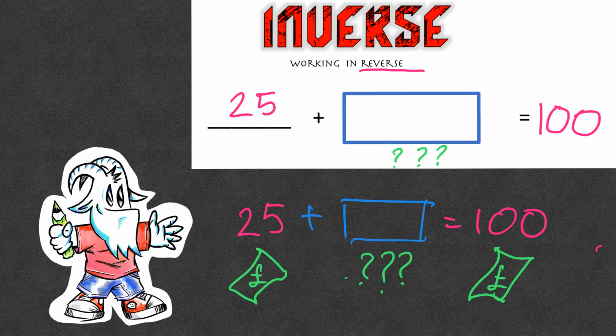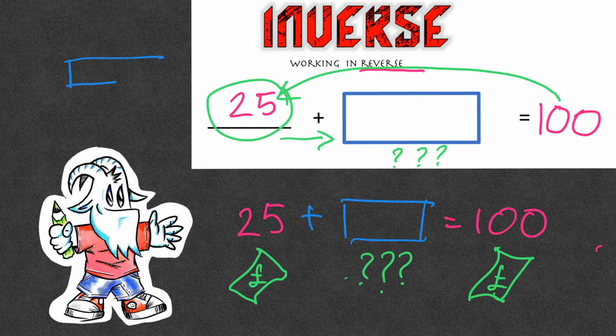So what I would have to do is I would have to remove the part I know to give me the missing part. If I imagine that as a bar model, I had a total of 100 and I had a part of 25, and that's my missing part.